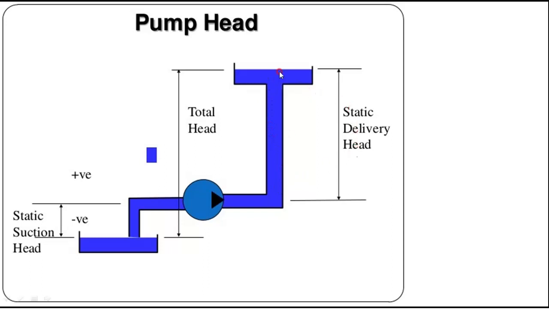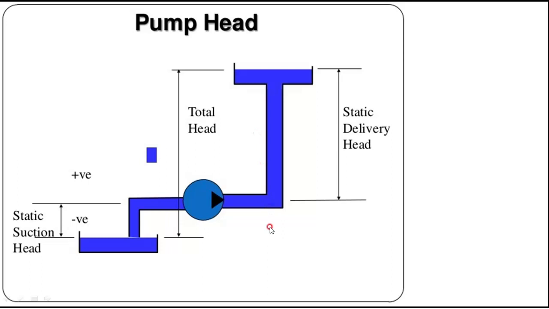Therefore, it is called the delivery head. Understood? If you put this pump at this level, then we can say that no suction is required, only pushing is required. Okay, now if this pump is situated at this position, then only suction is required, pushing is not required.